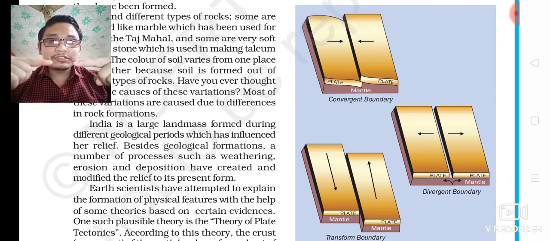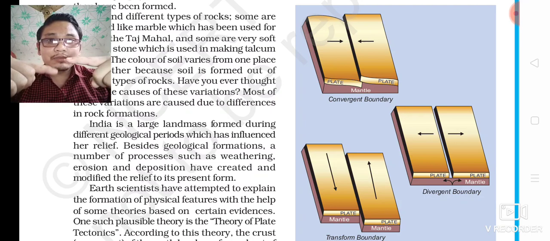Why is this the constructive plate? Because when these two plates move away from each other, the molten material from the earth's interior, which was suppressed by these two plates, can come easily outside.